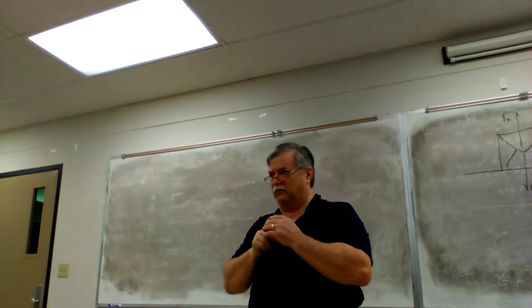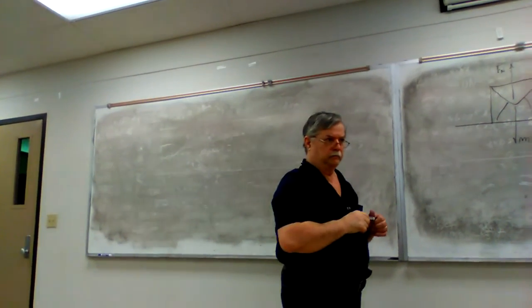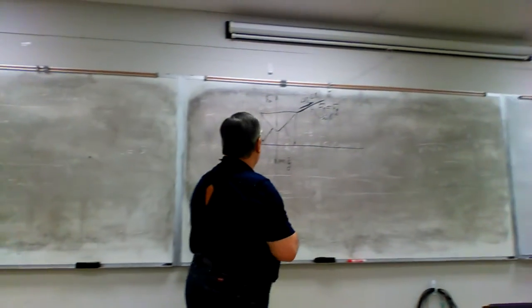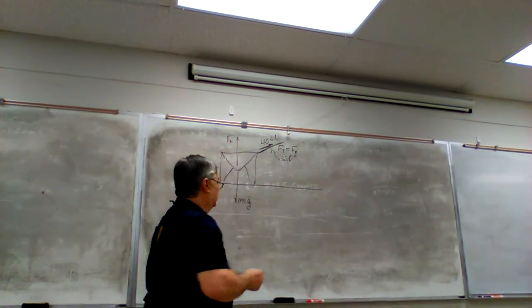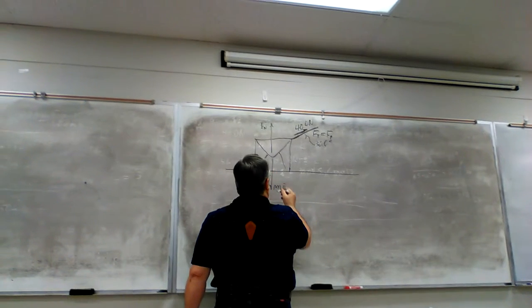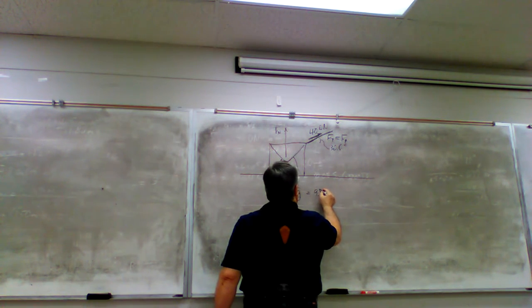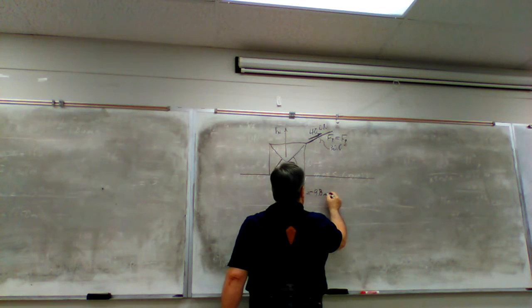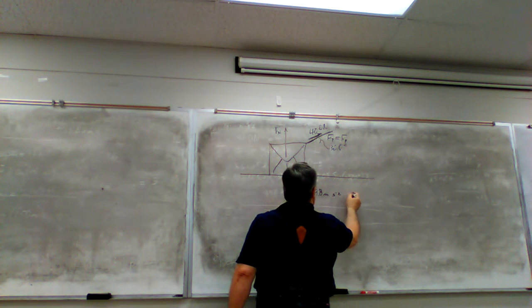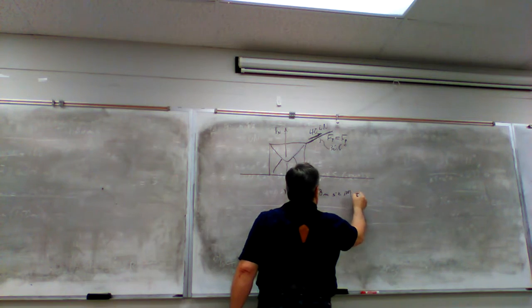What is the normal force in this case? The force of gravity is going to be minus 9.8 meters per second squared times the mass of the box.